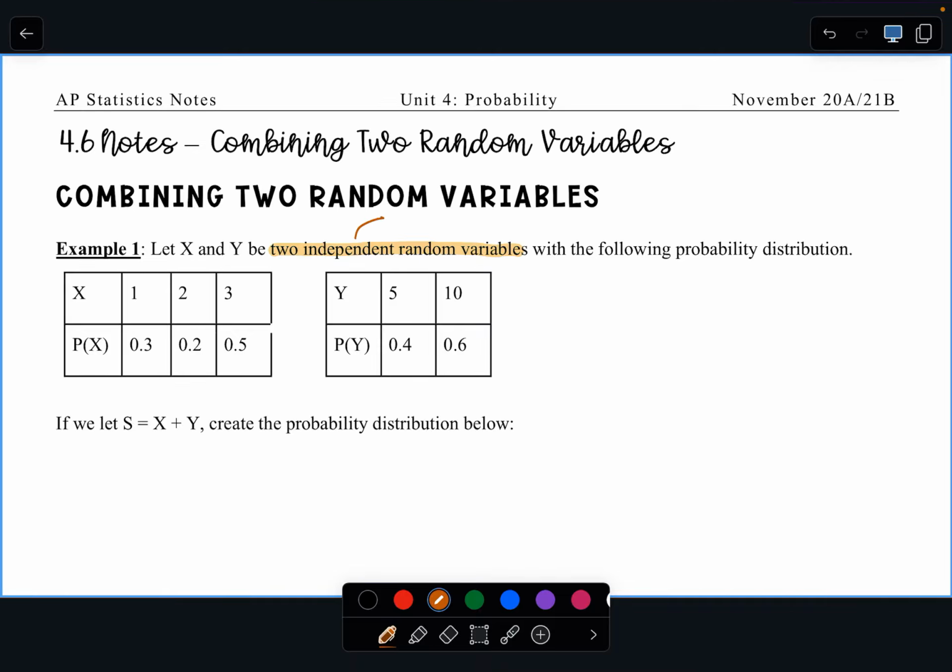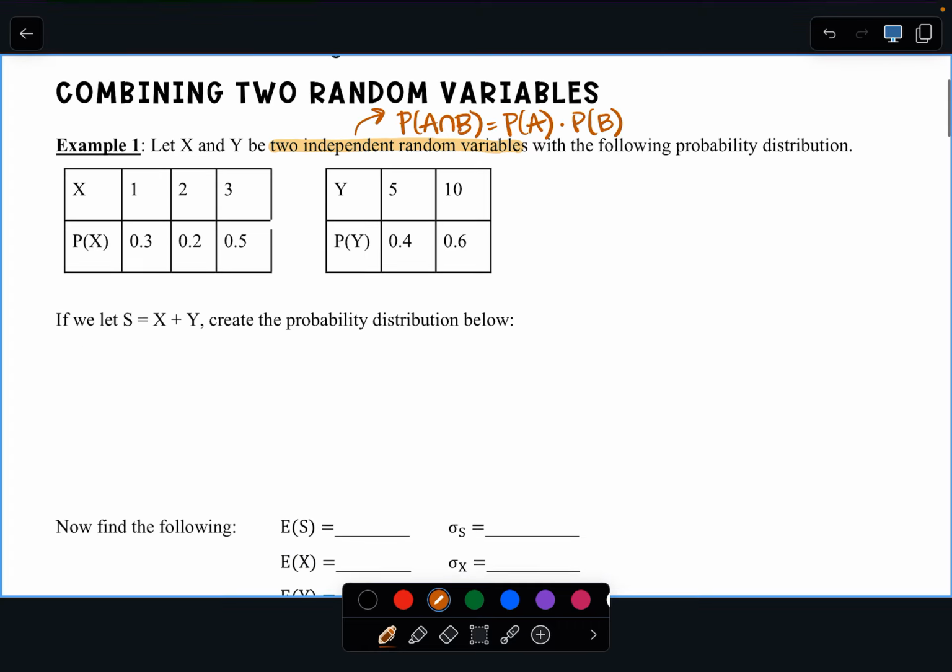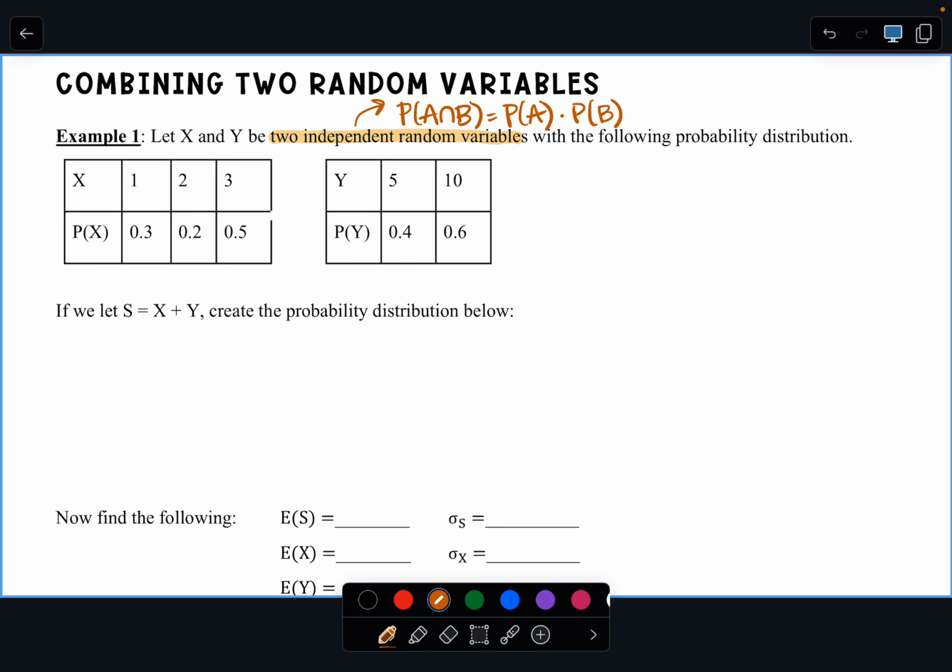So if you have independent random variables and you need things to happen together, that's taking the probability of A and B. And if they're independent, you can just multiply the probability of A times the probability of B. This is only true for independent events, meaning they don't have an influence on each other.